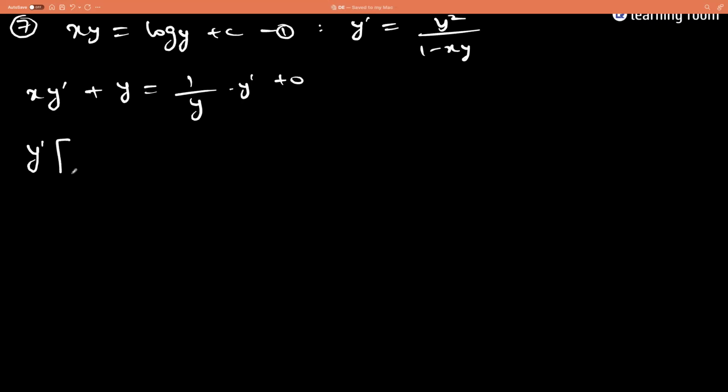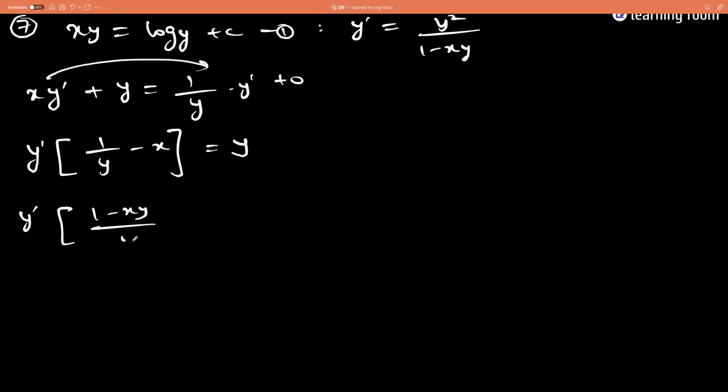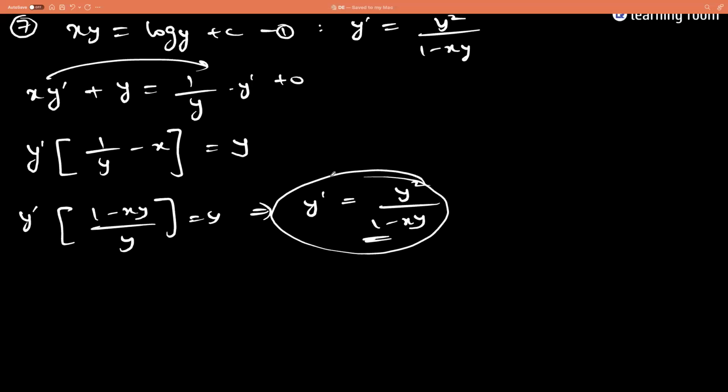So y dash into 1 by y minus x is equal to y. So I'm taking this to the right hand side. So y dash into 1 minus xy divided by y is equal to y, which implies y dash will be equal to y square by 1 minus xy. Did you prove it?